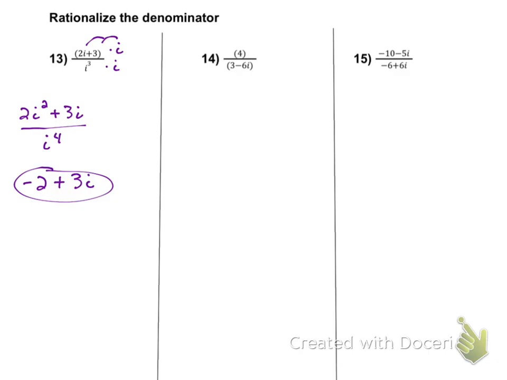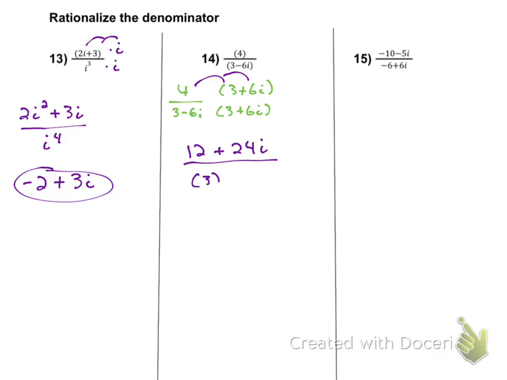14, we need to multiply by the conjugate, so I'll have 4 over 3 minus 6i. And we'll multiply by 3 plus 6i. Numerator, just distribute. That'll give me 12 plus 24i over.